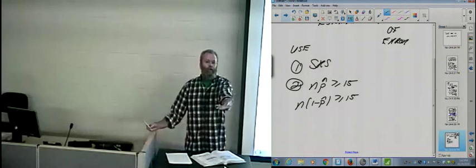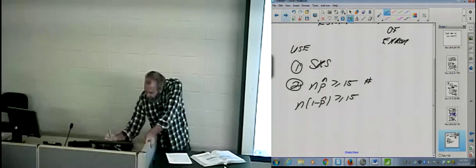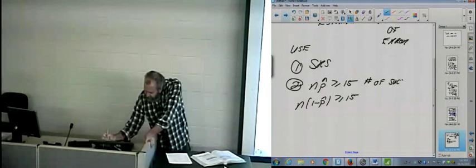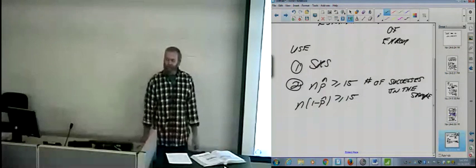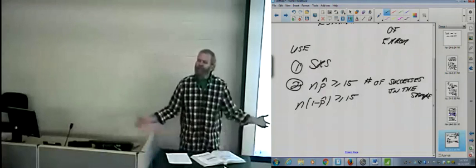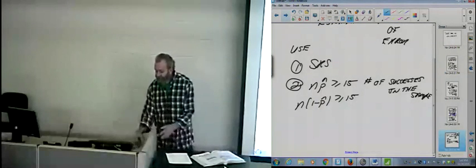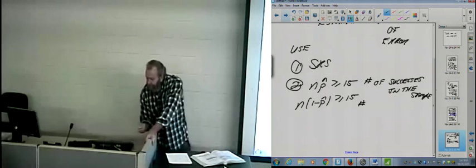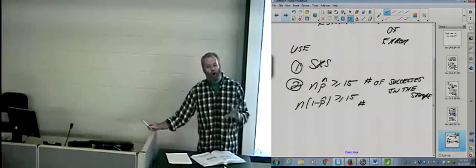I'm giving you the formulas here for what to check. The book doesn't do that. They give it to you in language here, and this is the number of successes in the sample. When you look at n times p hat, the sample size times the sample proportion, that is the number of successes in your sample. It needs to be bigger than or equal to 15. Down here, if p hat is the proportion of successes, what's 1 minus that?